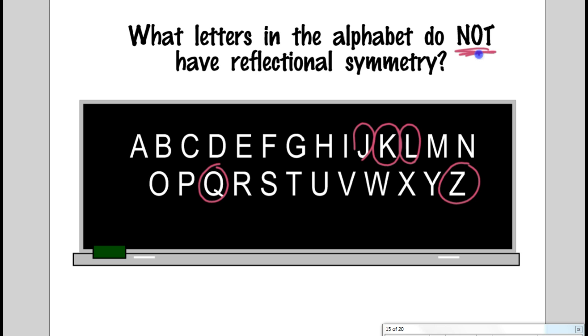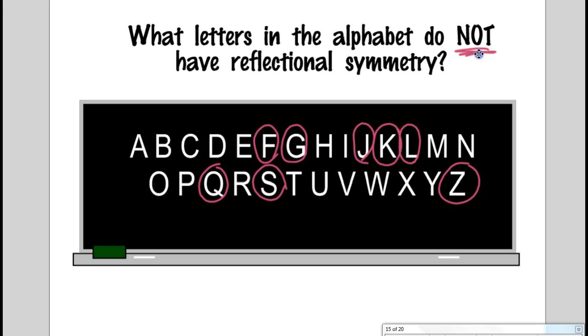G does not. T does. F does not. D does, right down the middle. S does not. B is just like Z. B totally does. It depends on what font you use. The top part of it is lower.